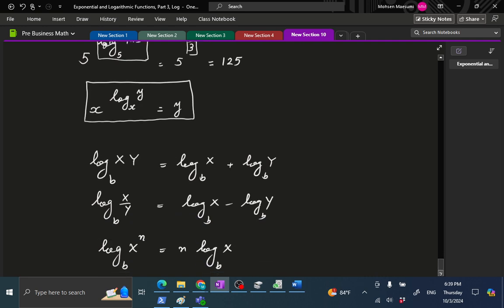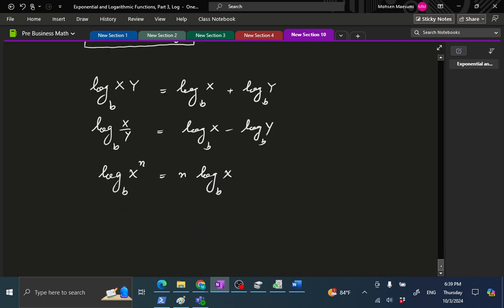Maybe I can squeeze some of them. Logarithm of 1 over x is minus logarithm of x. Logarithm of 1 in any base b is 0.